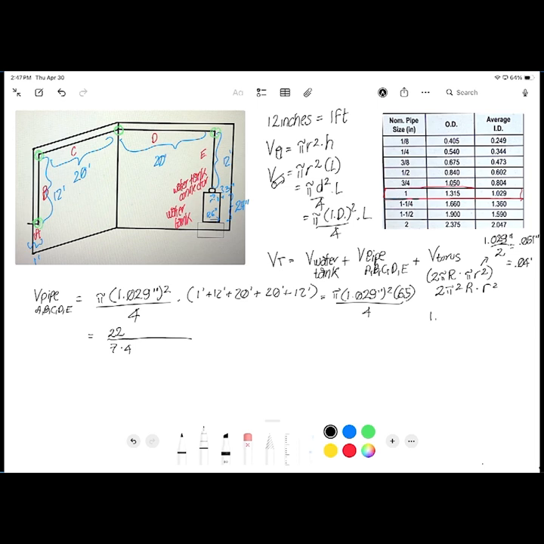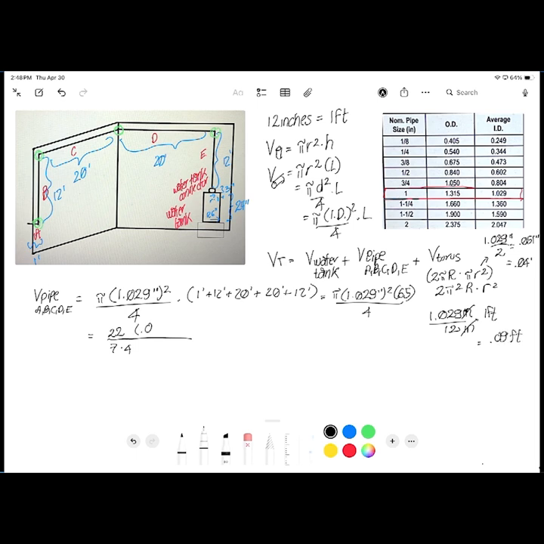And we have that 1.029 inches divided by 12 inches times 1 foot, that equals 0.09 feet.